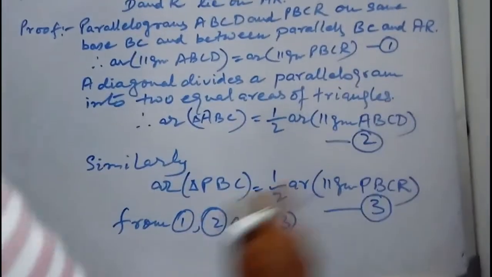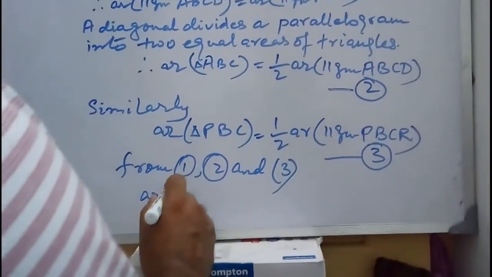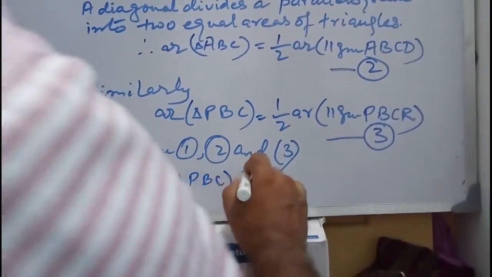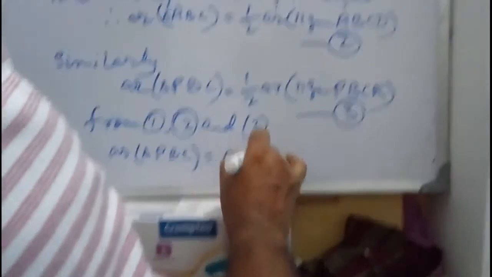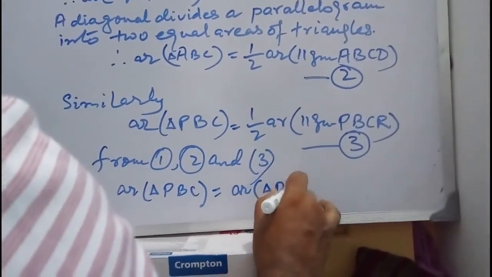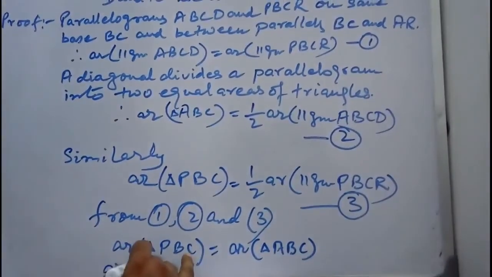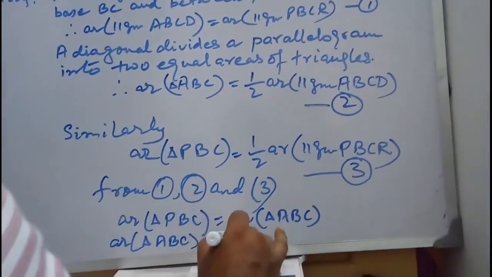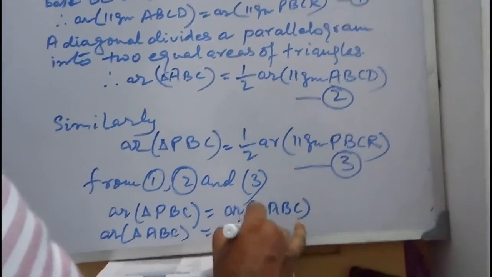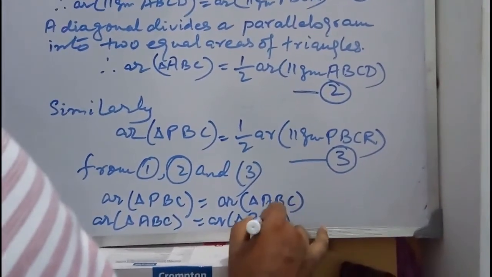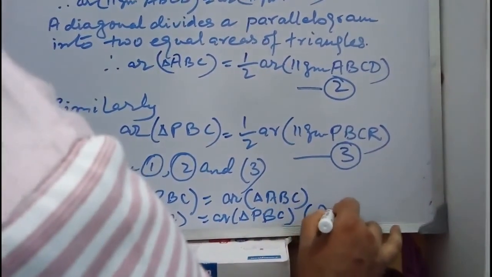Therefore, from 1, 2 and 3, area of triangle PBC is equal to area of triangle ABC, which we can write area of triangle ABC is equal to area of triangle PBC.